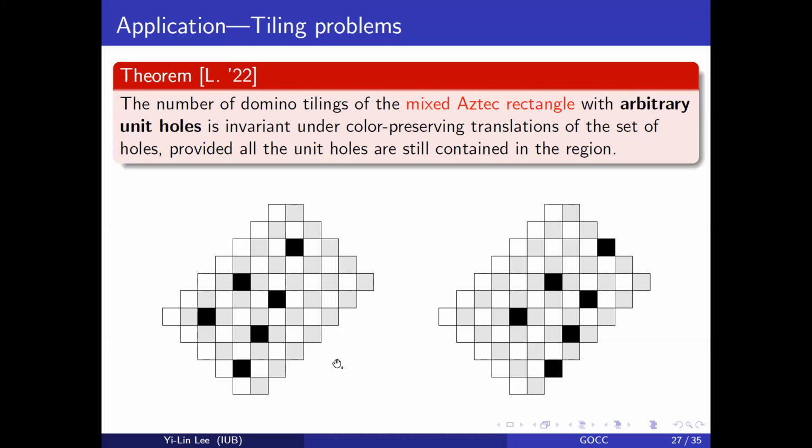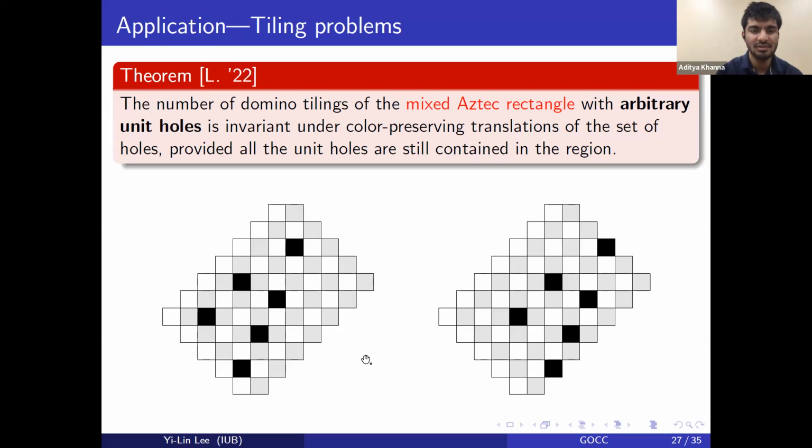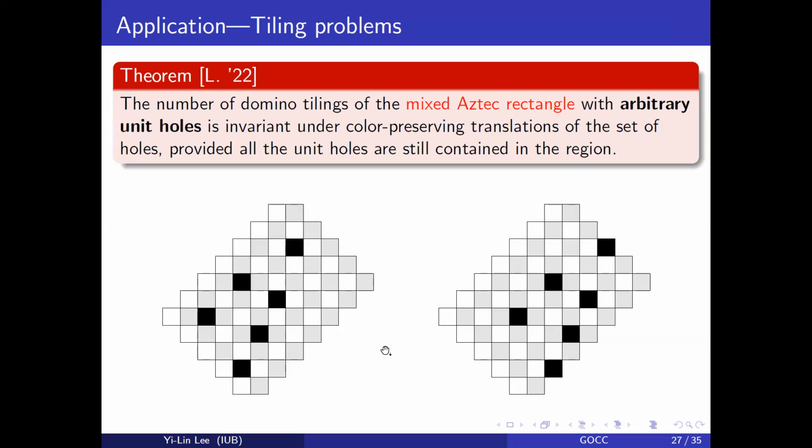The result is that the number of domino tilings is invariant under this color preserving translation. For example, on the left picture and the right picture, the holes are translated to the right by 2 units, and I claim that the number of domino tilings on the two pictures is equal.